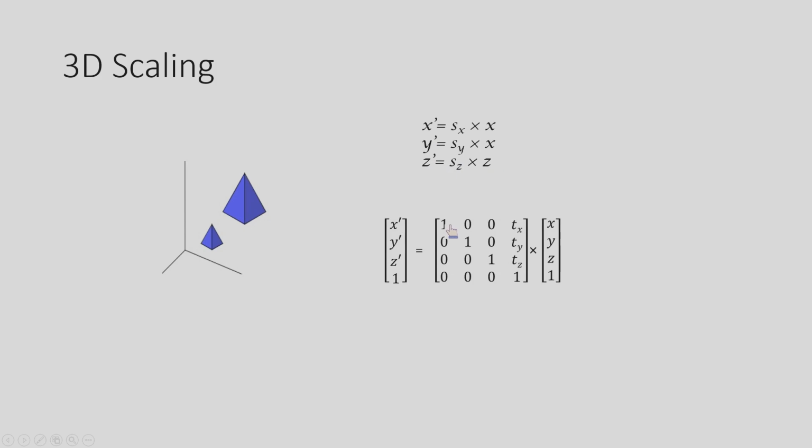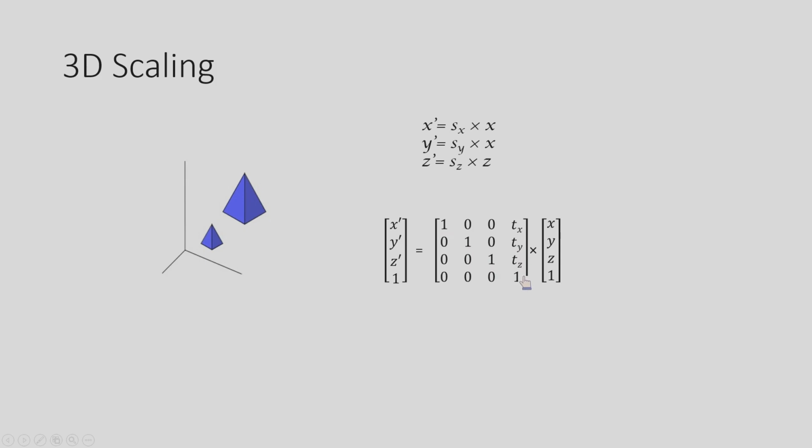It's not okay. It should be sx, sy, sz, 1, 0, 0, 0. Here it is wrong. So I repeat, this should be Sx, scaling factor along x-axis, and this should be Sy, scaling factor along y-axis, and this should be Sz, scaling factor along z-axis.